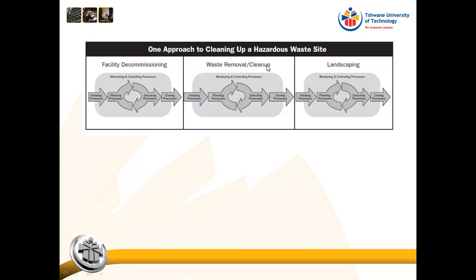This would be where you remove any old equipment and any old material that's lying around, and you clean it up so that only the natural environment is left. Here you would have a project which would be initiated, planned, executed, monitored and controlled, and closed. And then you want to plant the trees and the grass and the flowers and make it all pretty, and that would be the landscaping phase.